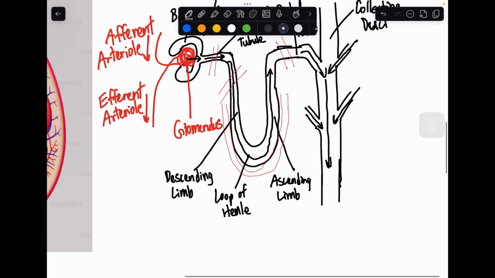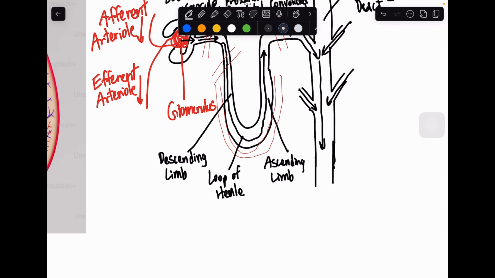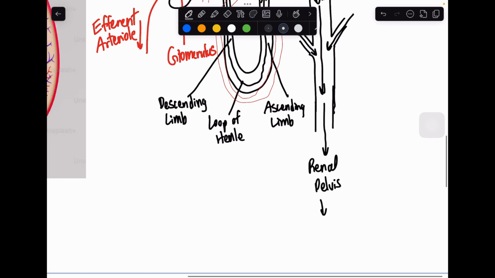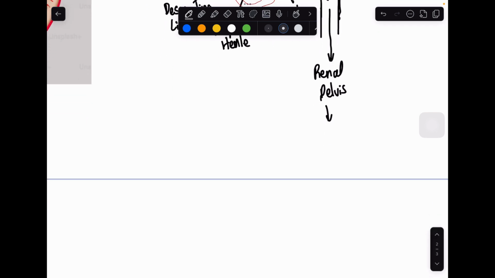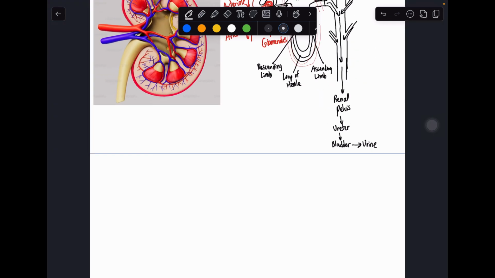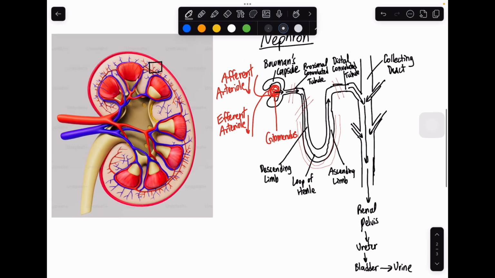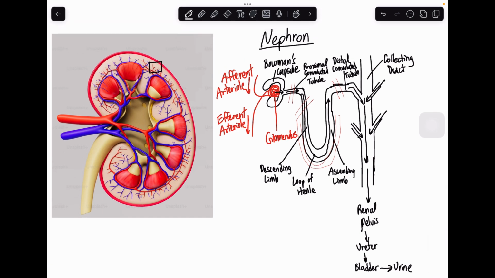It's shared by many different distal convoluted tubules. And this collecting duct eventually, after going through a few structures, dumps into the renal pelvis, which then dumps into the ureter, which then dumps into the bladder, and then eventually the urine is excreted from the body after going through a few more structures. And this is the basic anatomy of a nephron here.